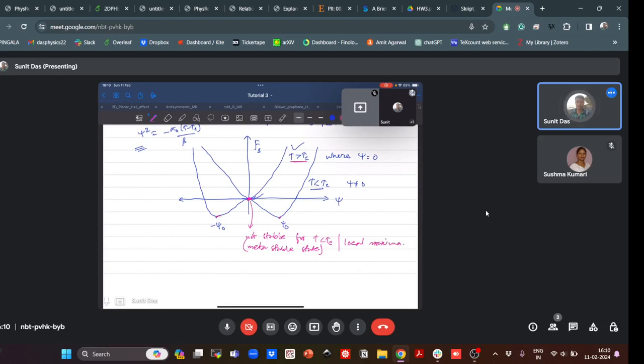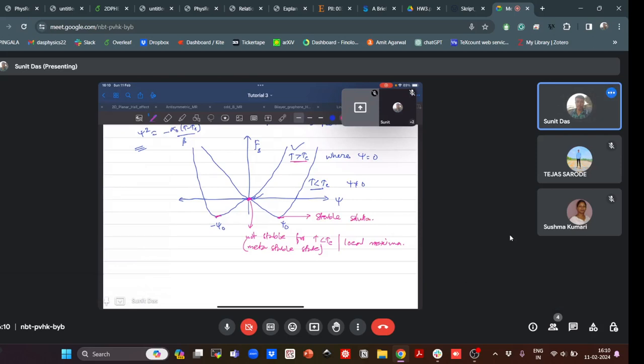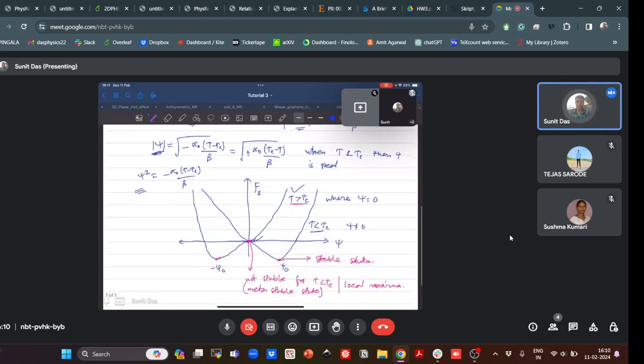And these are the true minima points, and they give the stable solution. These are the stable solutions, and this value is precisely psi 0.